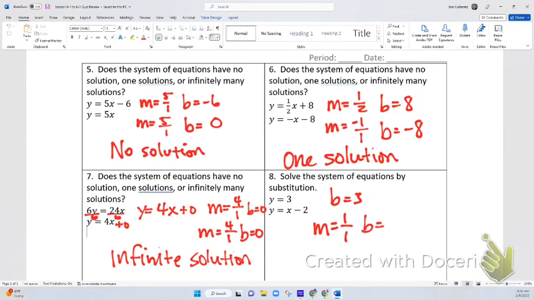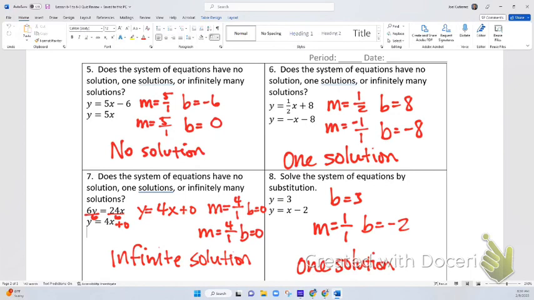The b equals a negative 2. Okay? So if we were to graph this, we're not going to, but if we were to graph this, it would intersect because you have two lines that essentially end up intersecting. So in this case, you have a one solution answer.